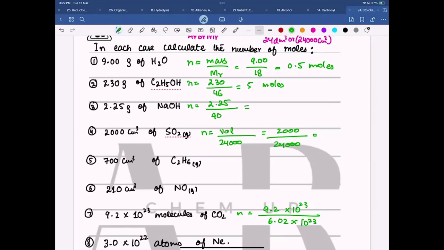Very good. So what will be the answer then? 0.056. Very good. More. And here 2000 divided by 24,000. 0.083.